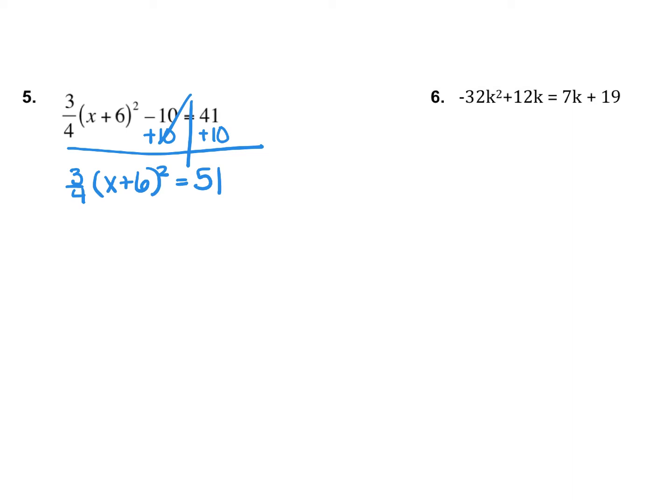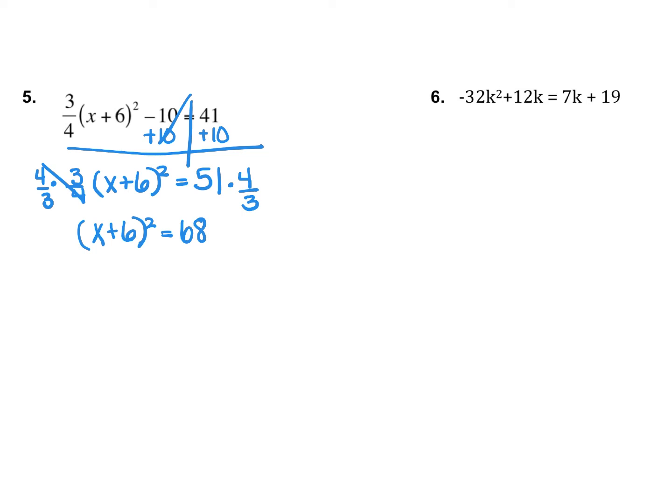And now remember this 3/4 is multiplying that, so I'm going to divide. Dividing by a fraction is the same thing as multiplying by its reciprocal. So we're going to do that on both sides. And I'll have my x plus 6 squared is equal to 68.